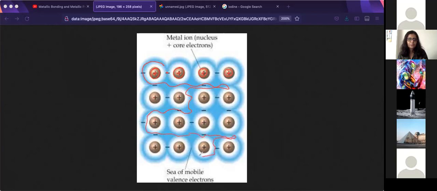The whole blue color cloud that you see is called a sea of electrons, because the negatively charged electrons are flowing in between the metals. And because these negatively charged electrons are loose and free flowing, that is why they can conduct electricity easily.